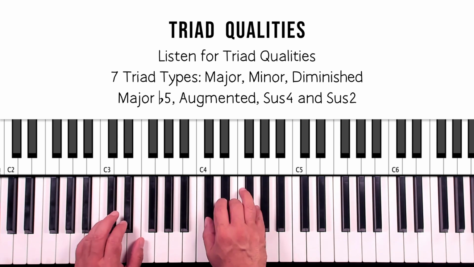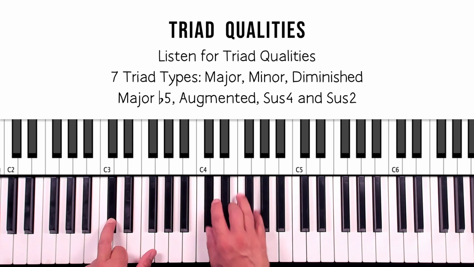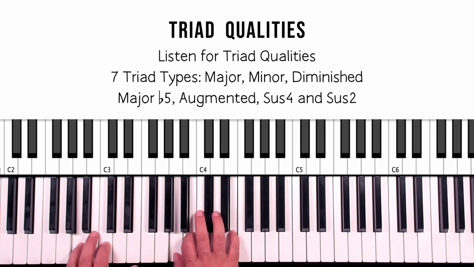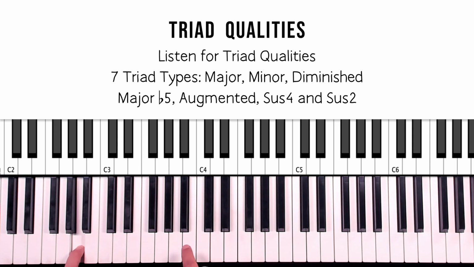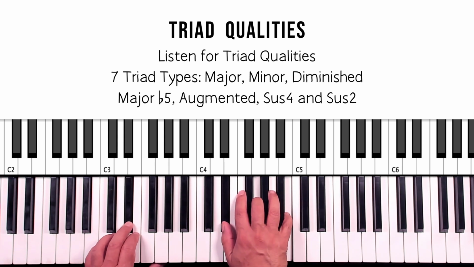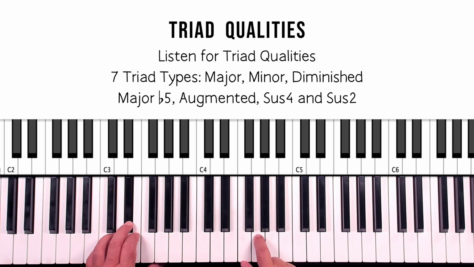Okay, that's our first triad. I'm gonna sing the third. Me. Next triad. Okay, this is totally different. The middle note, third, re. Next triad, next chord, middle note or the third, mi.